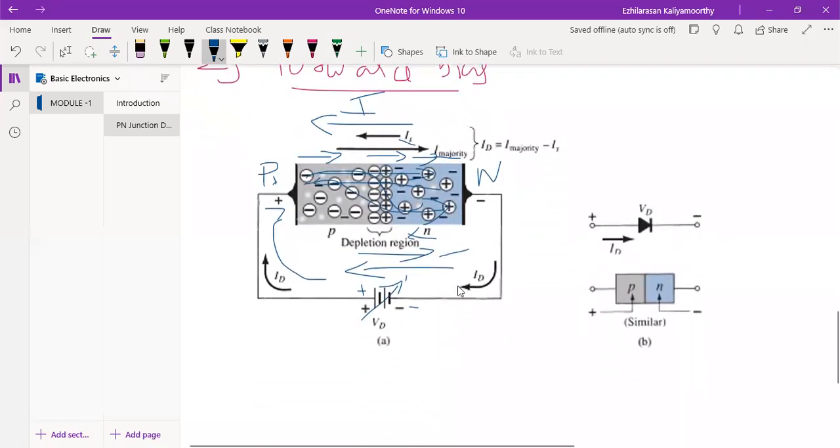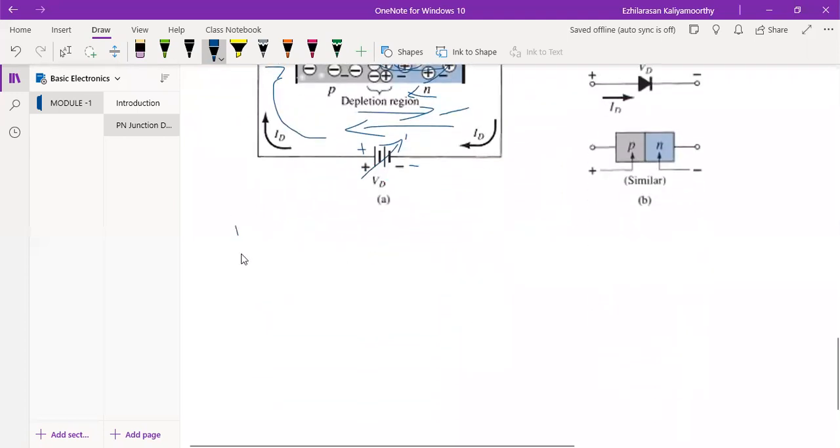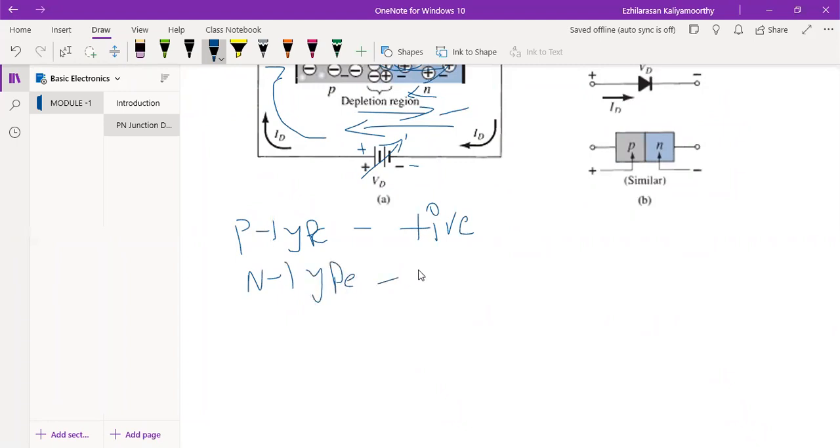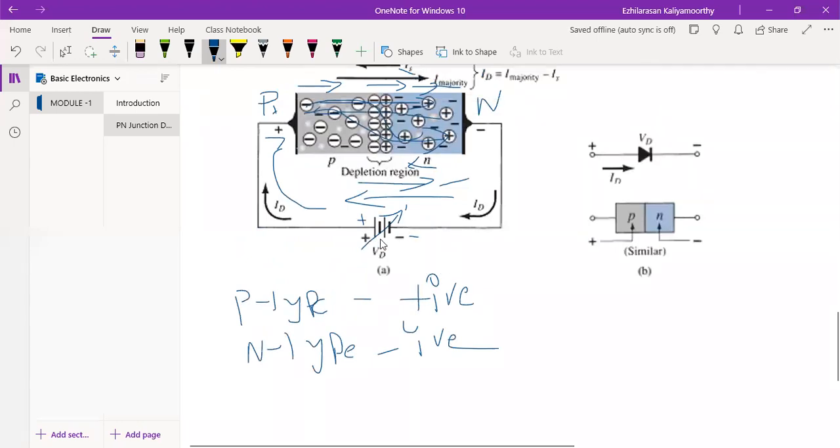So we are connecting the P type to the positive side of the battery and the N type to the negative side of the battery. Do you think as soon as I connect the battery, the device will start to conduct? No, it won't start to conduct. Why?